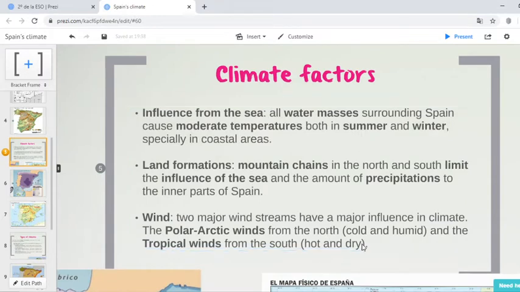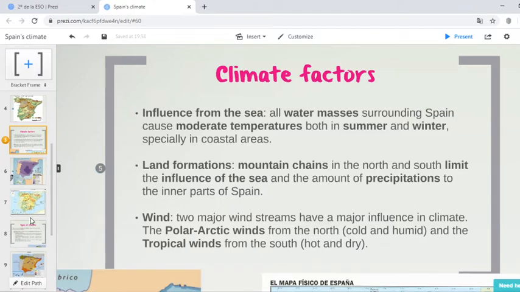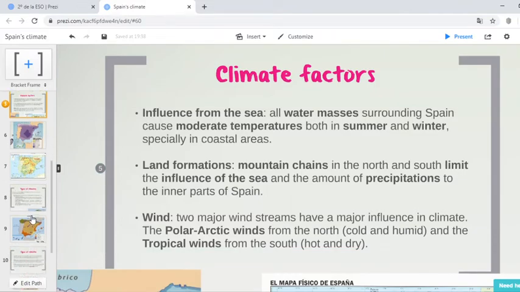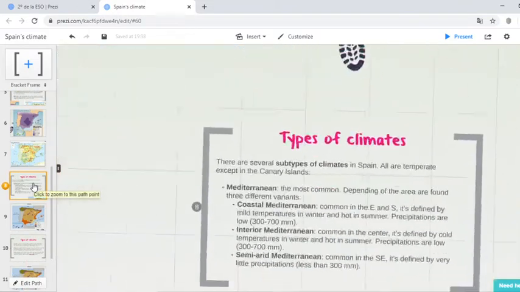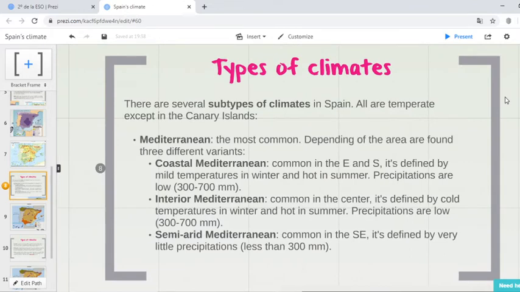Those winds are hot and dry, which means that they're not helping precipitations, and they tend to influence temperature by raising them. Obviously, we are not taking into consideration atmospheric pressure to establish the different wind streams we can have here. Alright, let's talk about the different types of climates we can find in Spain.